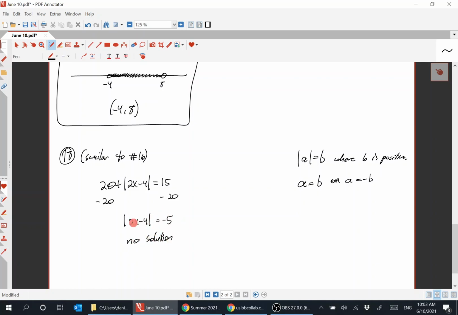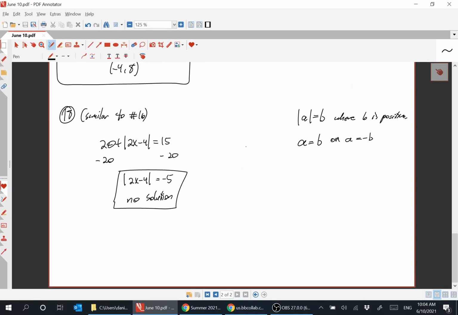The absolute value of something is bigger than or equal to 0, so it can't be equal to -5. That doesn't happen in 16, does it? No, in 16 it doesn't. Let's do one where there is a solution like that. 15. So 18 is not similar to 16. Sorry.